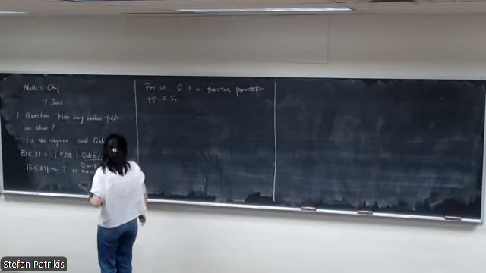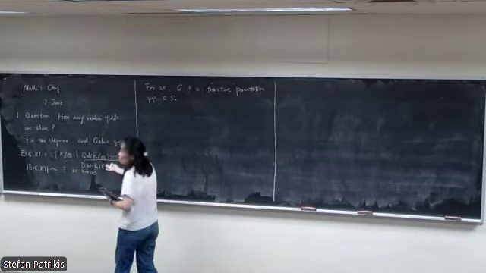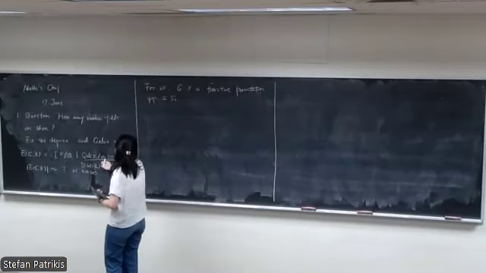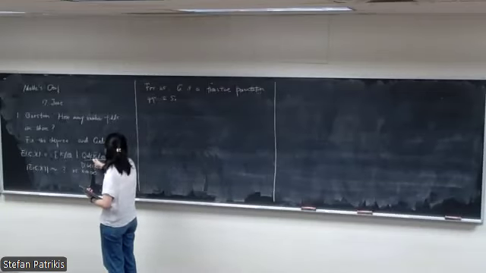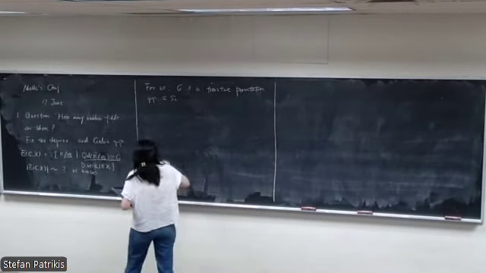So what do we mean when we say the Galois group of our number field is isomorphic to G as a permutation group?